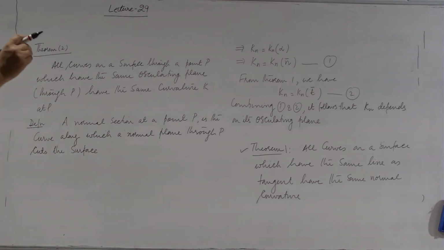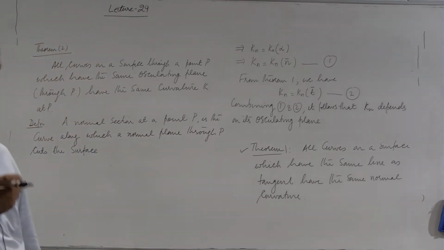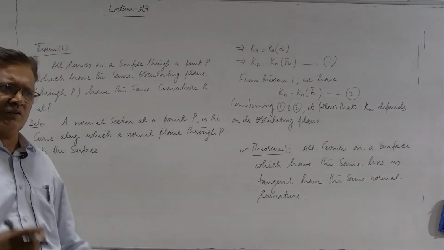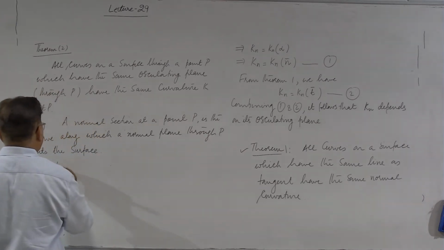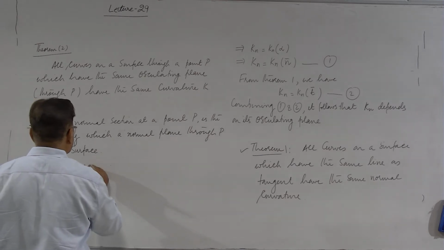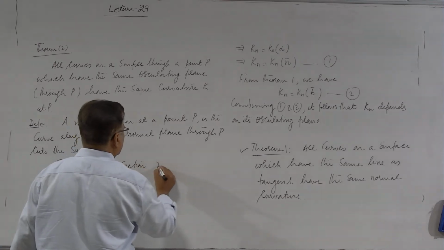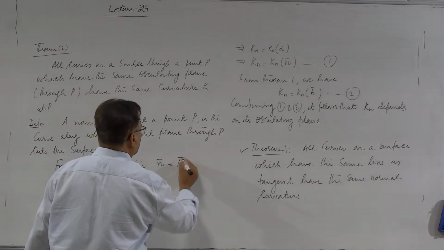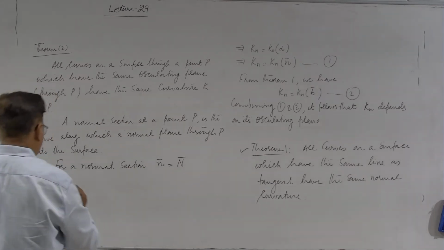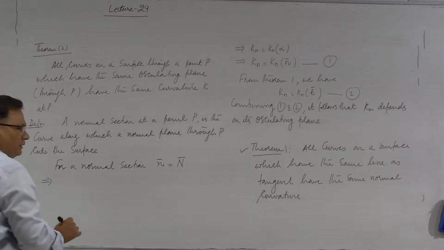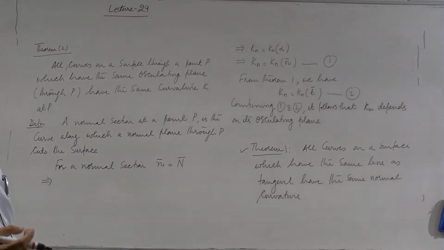So, a normal plane will contain the normal capital N, and there is another normal for a curve, that is a small n. So, both of them are in the same plane. For a normal section, small n, the principal normal, and the capital N of the surface will become the same. Therefore, n dot N will be how much? The angle between small n and capital N becomes 0, because cos 0 is 1.